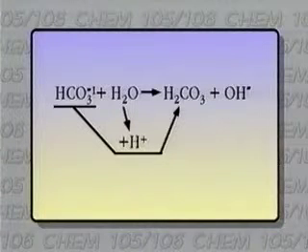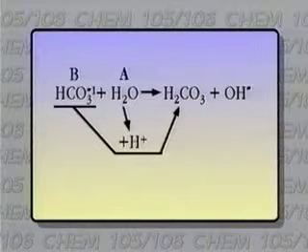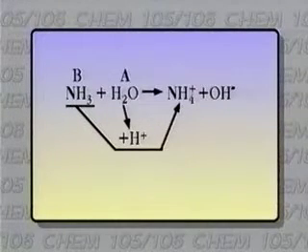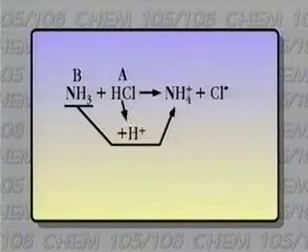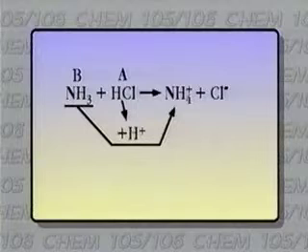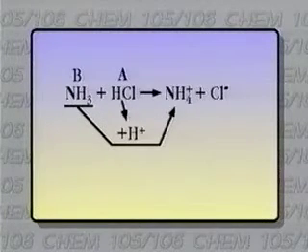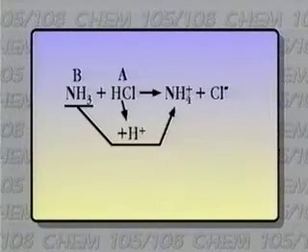So obviously, if this is acting as the base, the water is acting as the acid. If ammonia is acting as a base, water is acting as an acid. Up here, ammonia is acting as a base, and the HCl is acting as an acid. But in each case, then, we have something that is accepting a proton and something that's donating a proton.